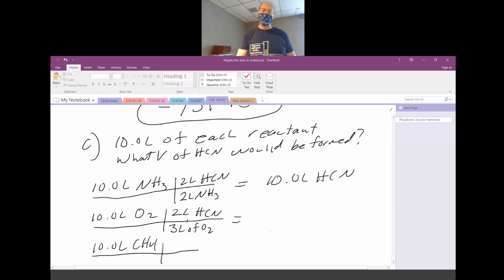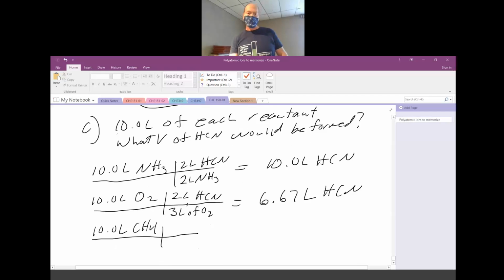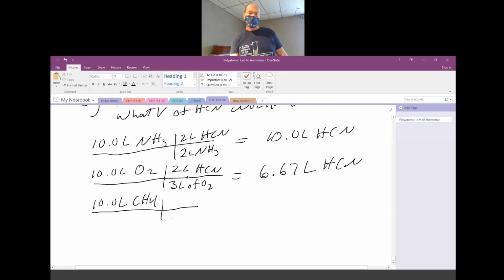So 6.67 liters of HCN can be produced from that amount of oxygen. For CH4, 2 liters of CH4 would produce 2 liters of HCN, and this would give us 10 liters of HCN.